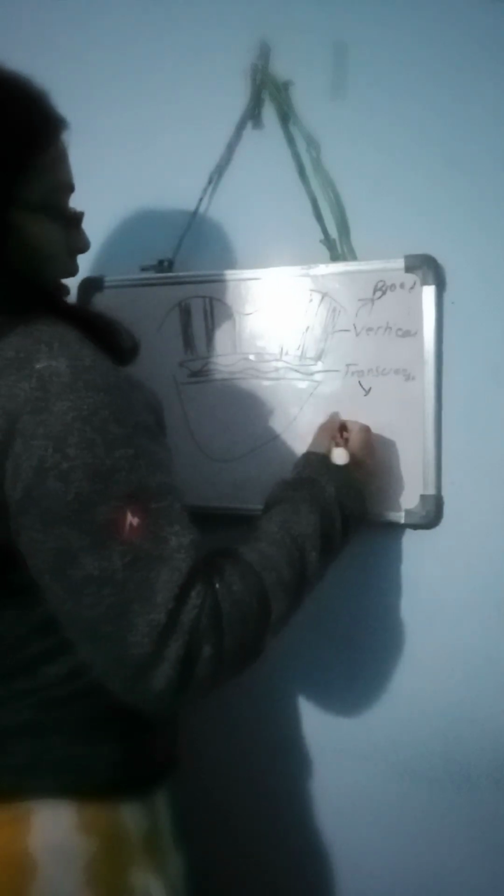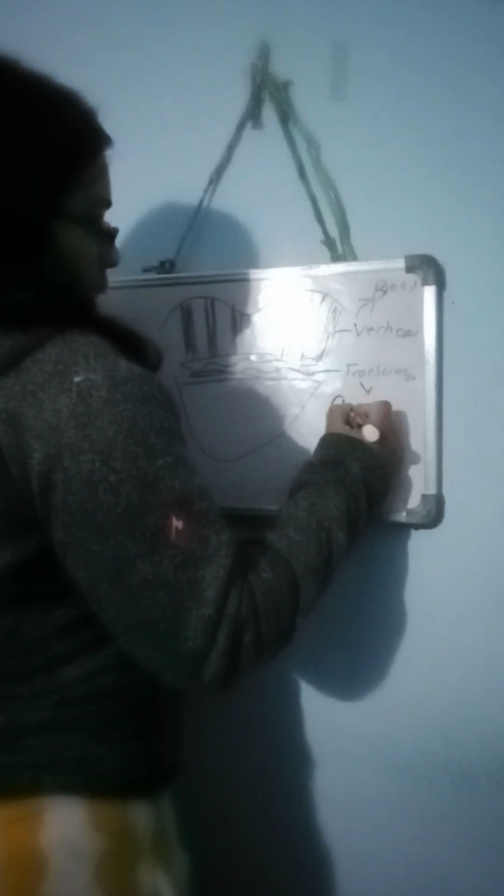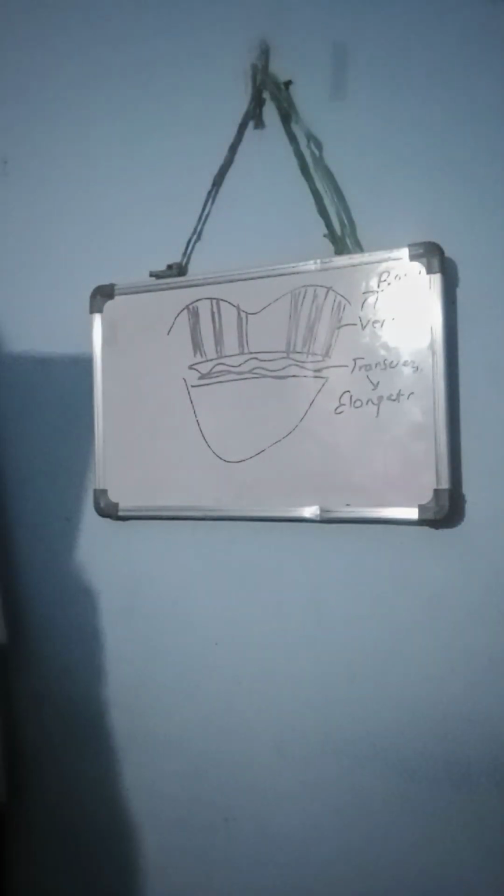This is the vertical muscle, and this is the transverse muscle. Vertical muscles help to make the tongue broad, whereas the transverse muscle helps to elongate the tongue by making the tongue narrow.